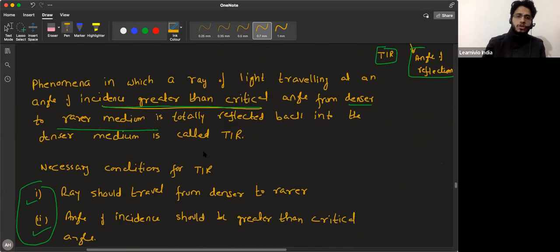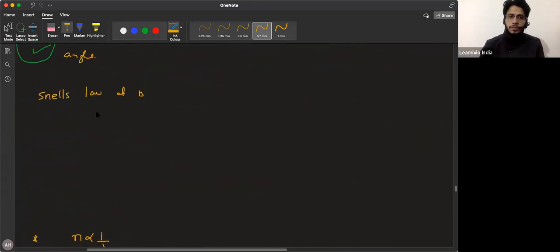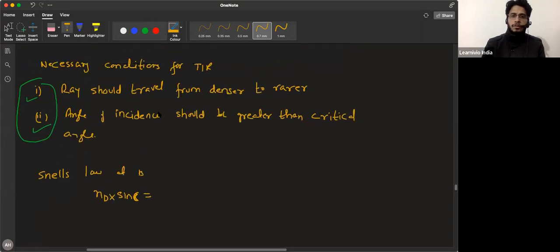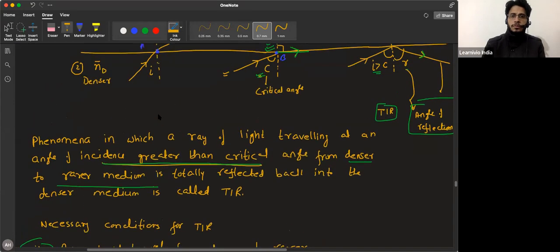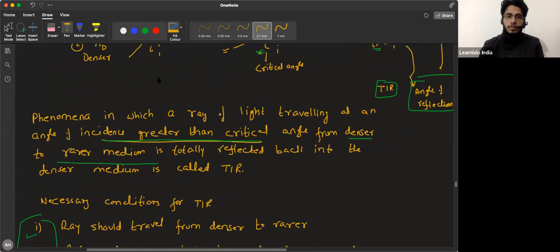C. So what should be the first statement? Ahmed, you are not audible. Your voice is very, very low. ND into sin C is equal to NR into sin R. Very good.